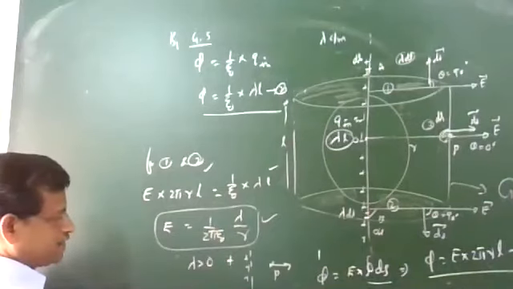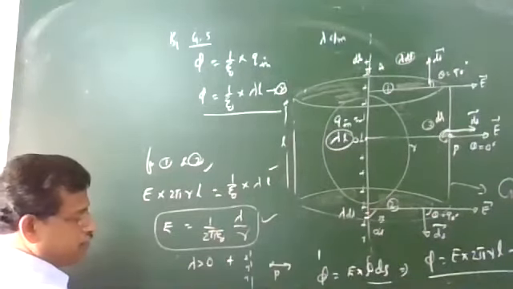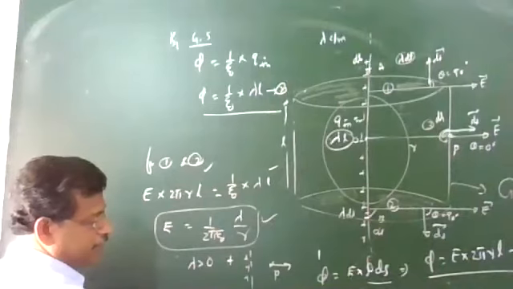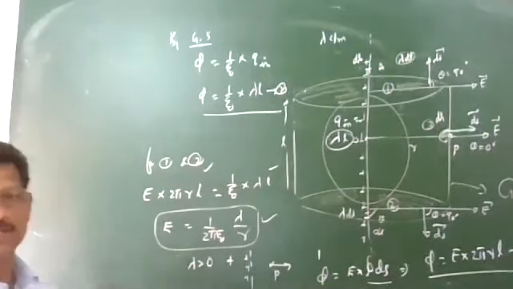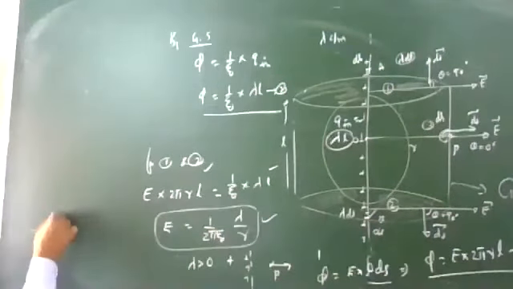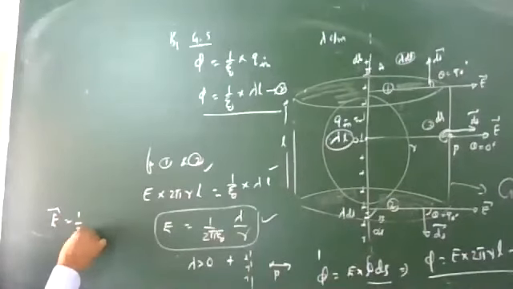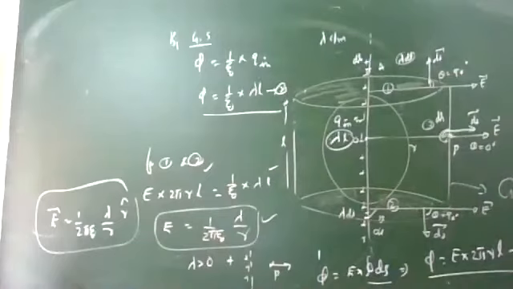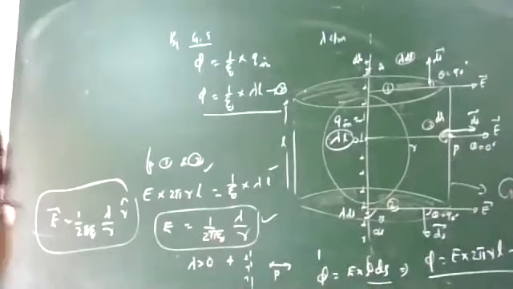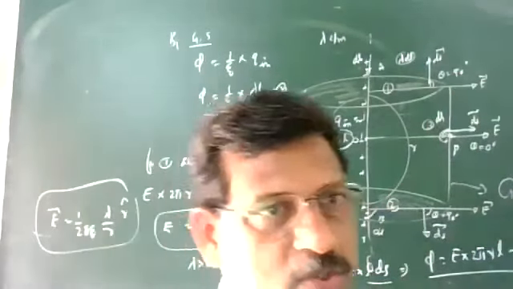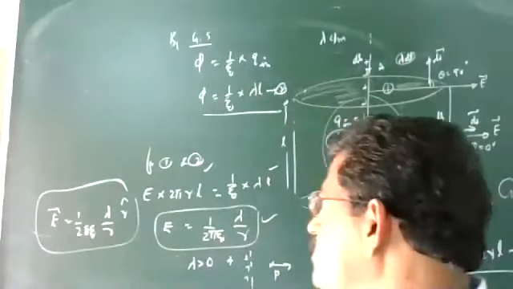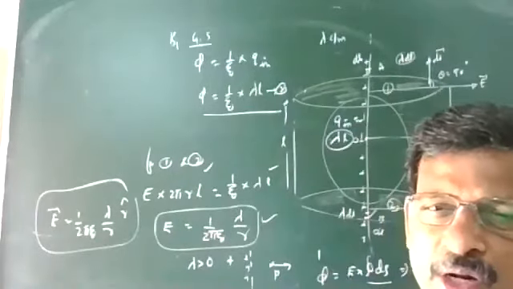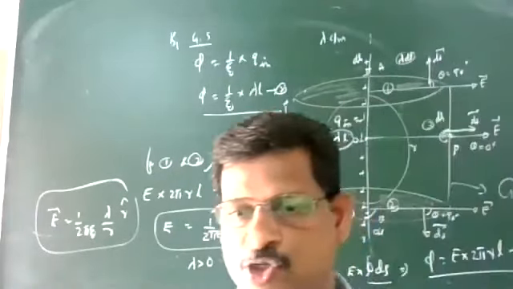If lambda is less than 0, it is a negative charge, then at point P it will be directed in. We can write this in vector form: E vector is equal to 1 by 2 pi epsilon 0 lambda by r cap. R cap decides the direction. If lambda is greater than 0 it is out, if lambda is less than 0 it is in. So this is the electric field at any point due to an infinite long line charge.